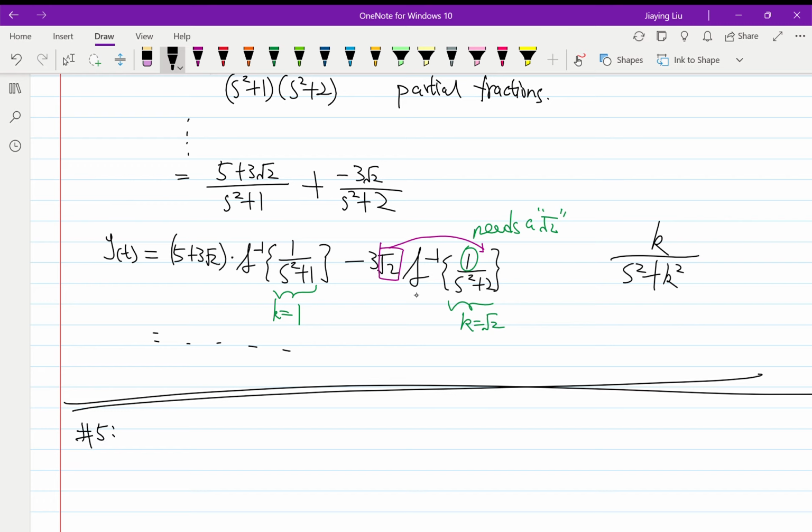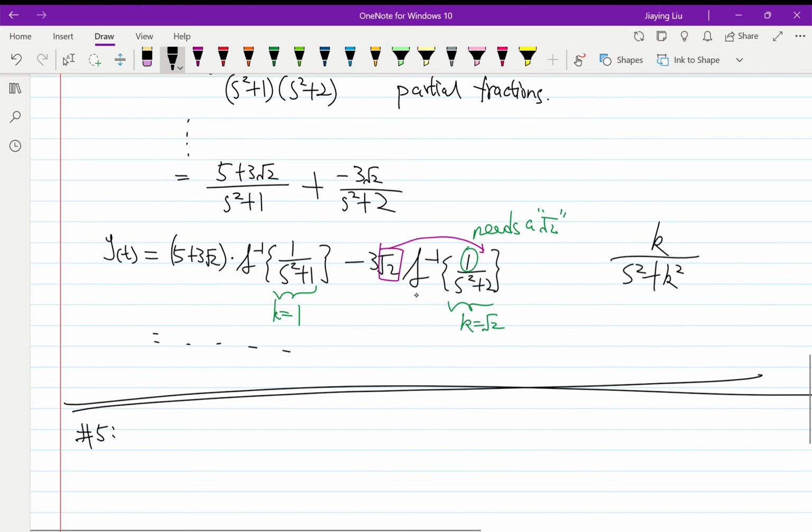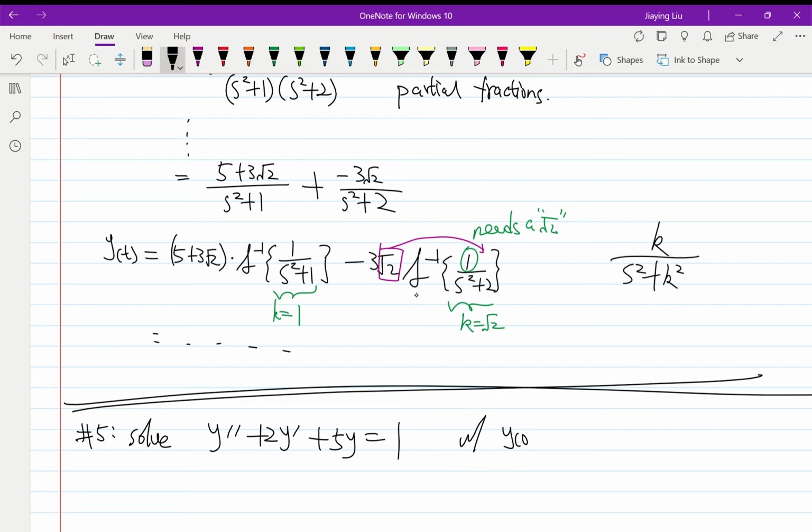Alright, number 5 here from the homework is we're going to solve this initial value problem, y double prime plus 2y prime plus 5y equals 1, with y of 0 equals 3, y prime of 0 equals 1.